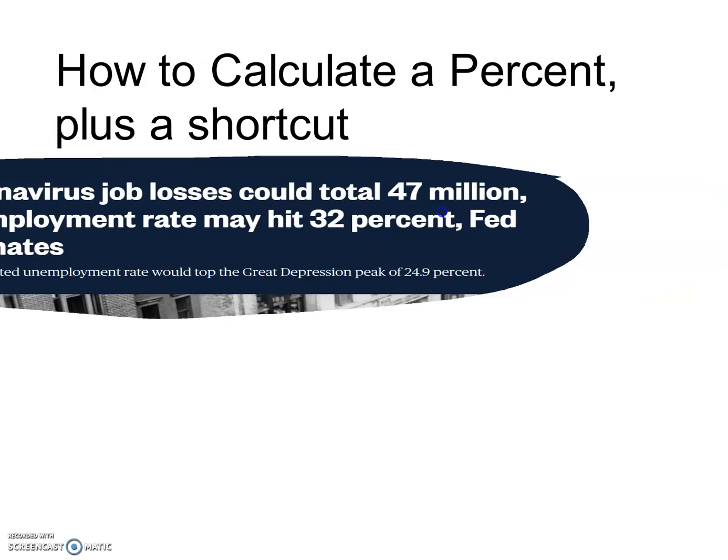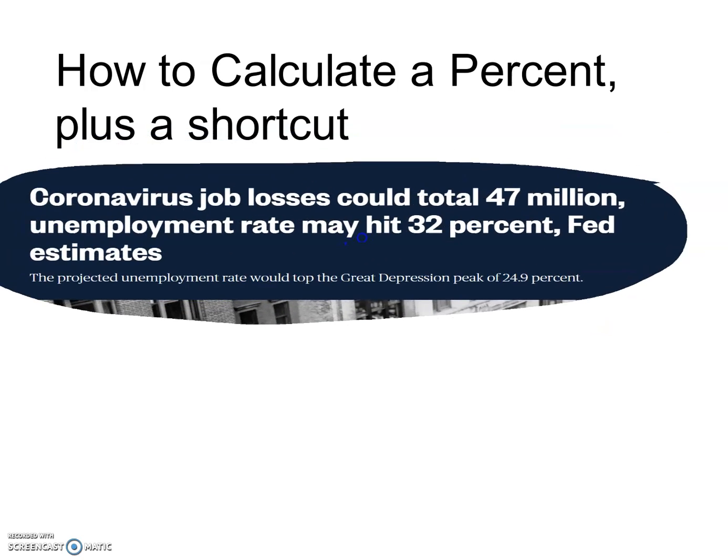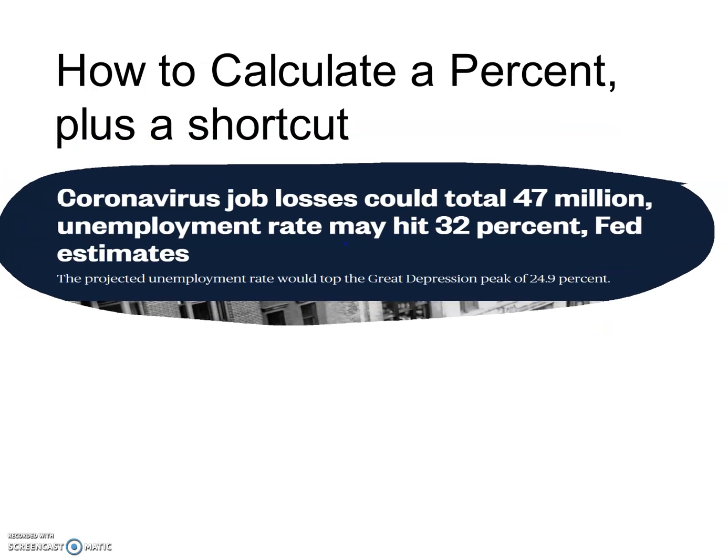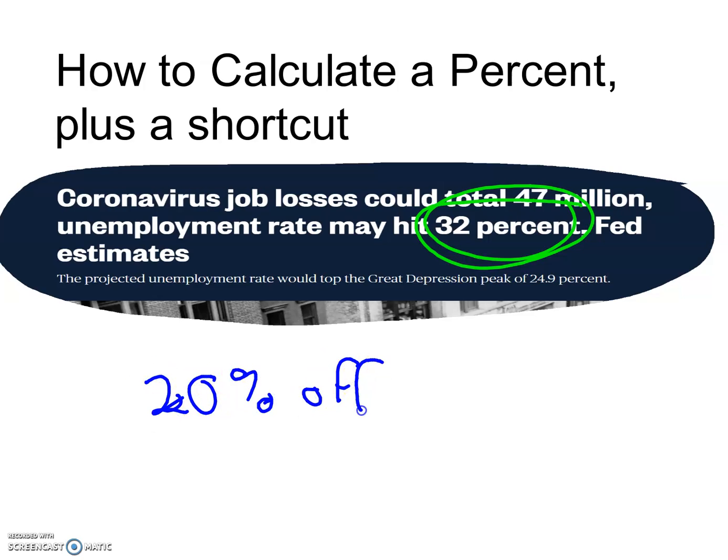Here was the idea. We're learning to calculate things like percents. When you see 32%, what does that mean? Or if you see somebody selling an item at the store for say 20% off, what does that mean?